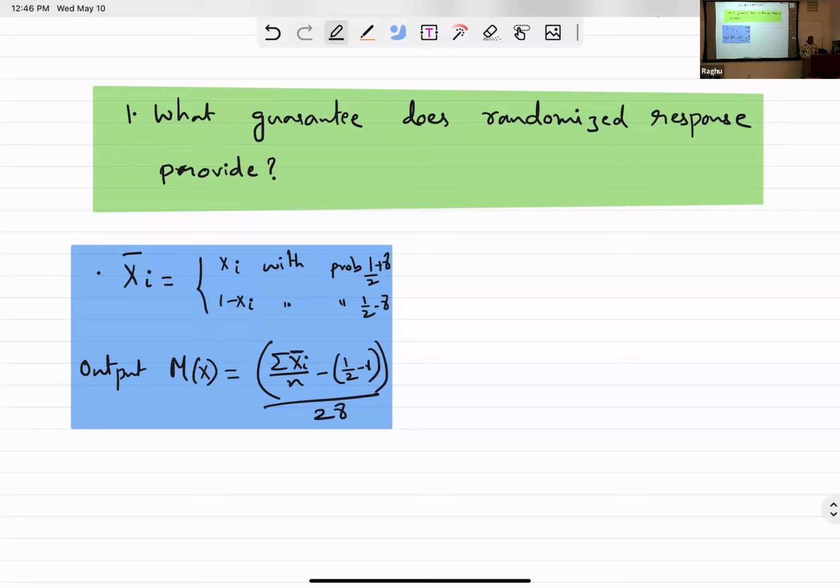So this is what the randomized response mechanism does. If you ask me for the mean, I compute these noisy versions for each point xi, and then release this estimator, this correction to the mean.